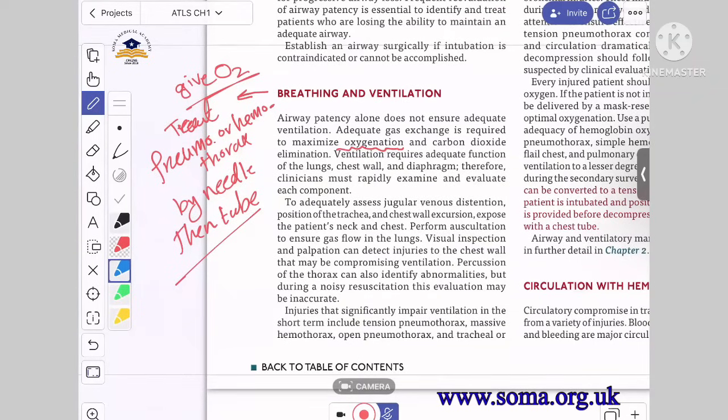I don't remember the age, but I think it's up to 8 to 10 years. In children, it is still in the second intercostal space, midclavicular line. So again, in breathing, give oxygen, treat pneumo or hemothorax by needle, and then the tube.